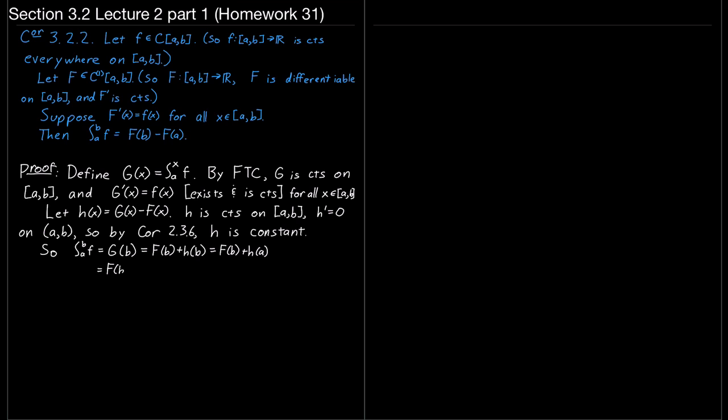That's F of b plus big G of a minus big F of a, because that's the definition of H of a. That's F of b minus F of a, which is what we want, plus the integral from a to a of little f, which by definition is 0. So that is F of b minus F of a.